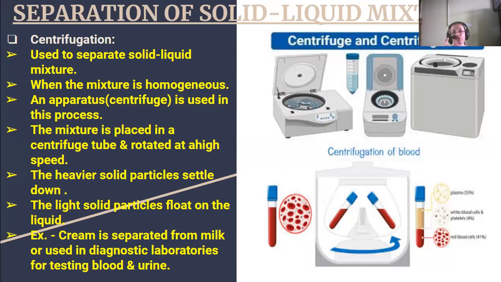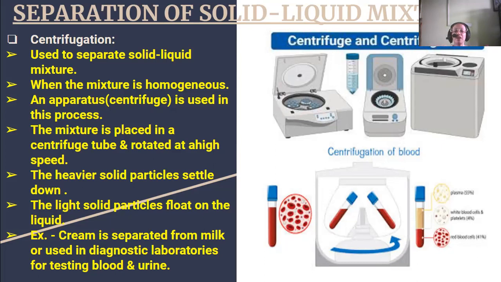A centrifuge tube is also used, in which this mixture is poured, and the centrifuge machine rotates this tube inside it and separates the heavier solid particles down, while the lighter liquid particles float inside the tube. This is how we can separate the solid-liquid mixture.